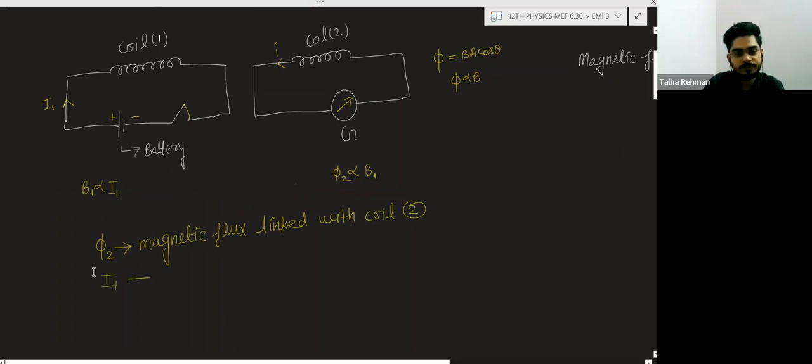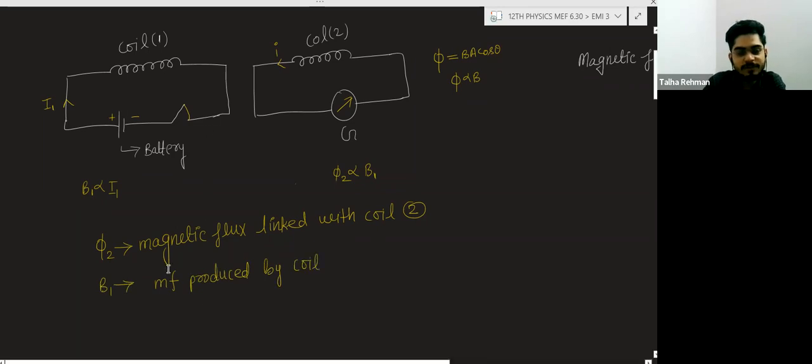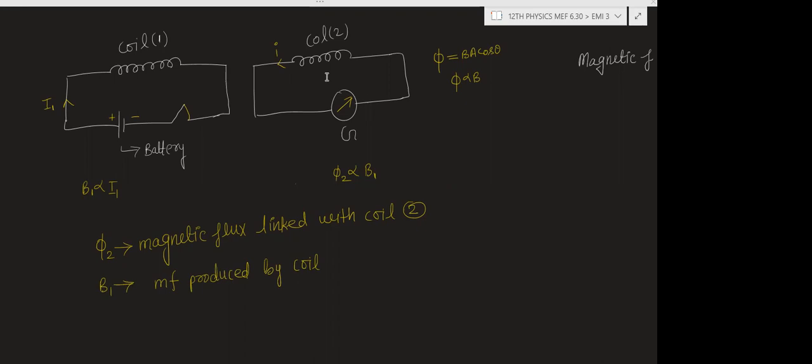I1 you know, no need to write. Current in coil 1. V1 you should know. What is V1? V1 is the magnetic field produced by coil. Matthew, tell me, coil 1 or coil 2? Matthew? Coil 1. Very good. Coil 1.